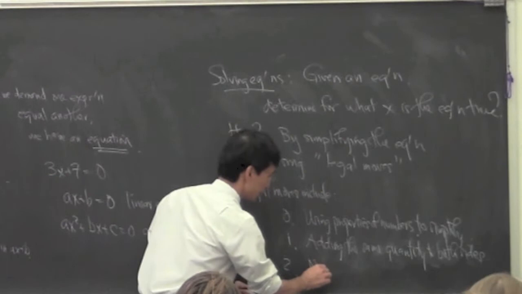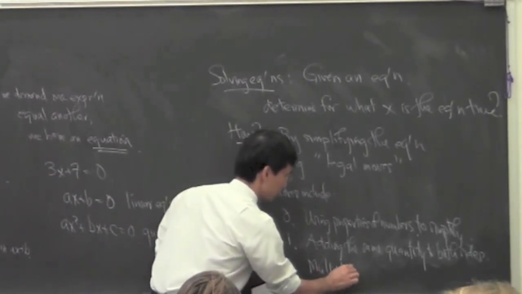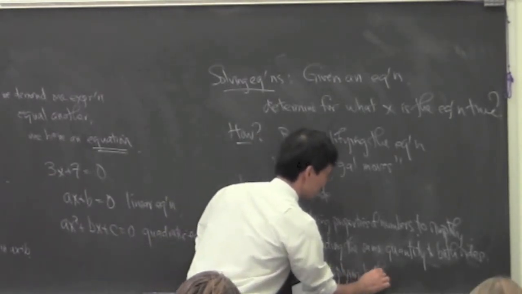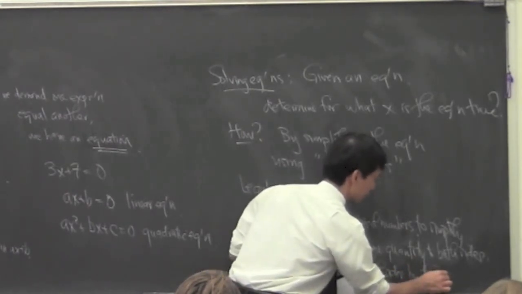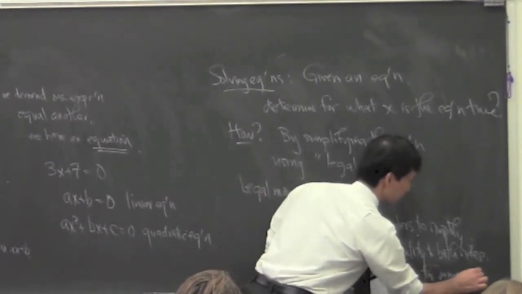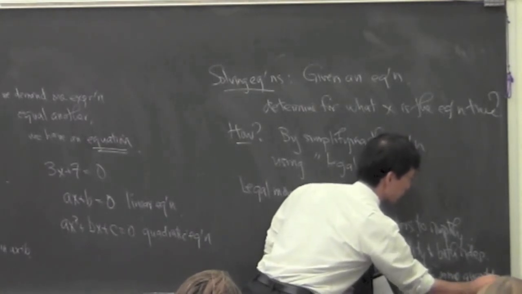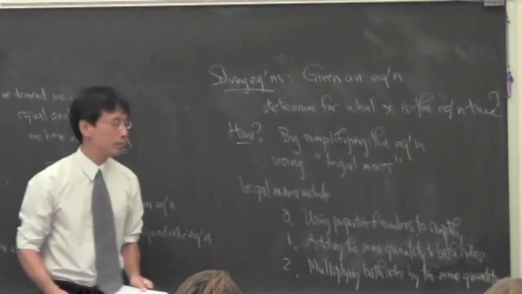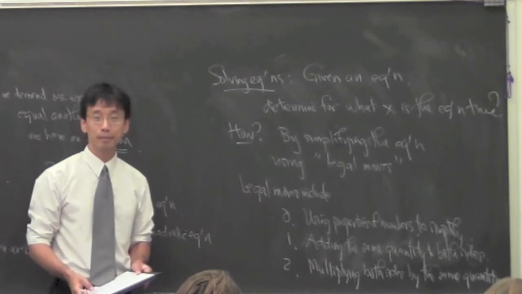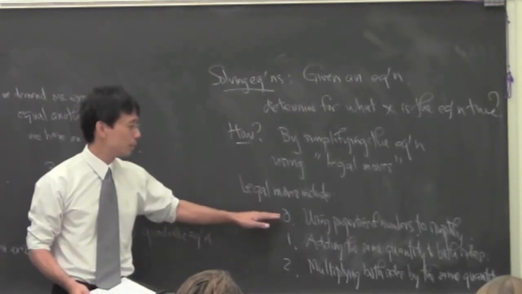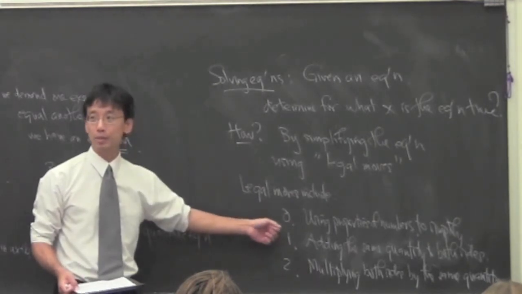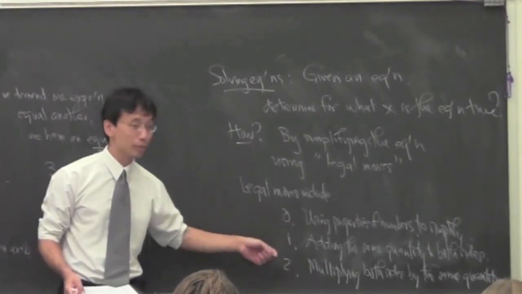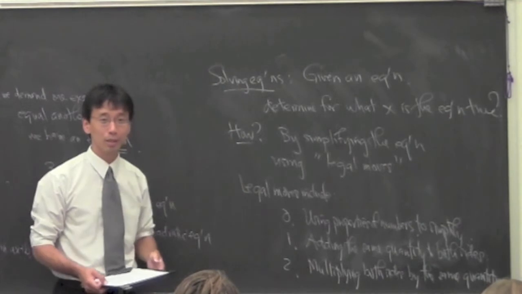Two, multiplying both sides by the same quantity. So 0 is sort of obvious. 1, if you add the same quantity to both sides, you don't change the solution. 2, if you multiply both sides by the same thing, you don't change the solution.